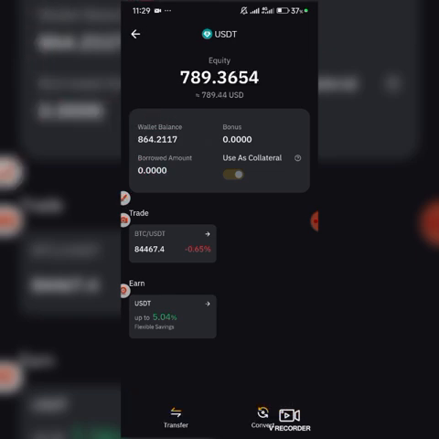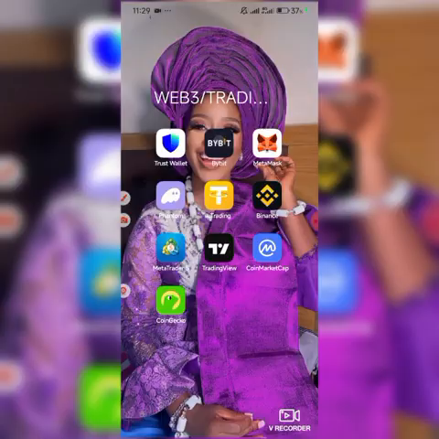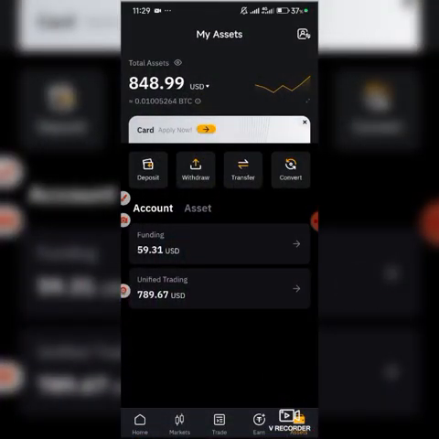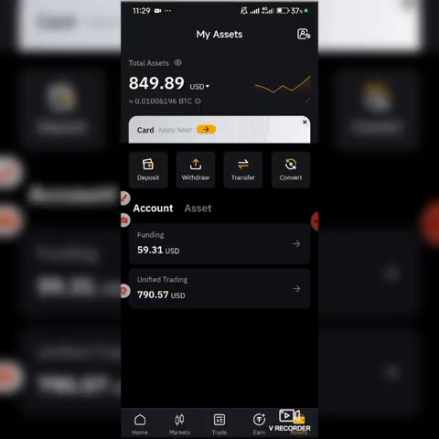So now I just transferred $45, $46 to my funding account. If I calculate my funding account with this one, everything altogether is around $910. Then how much did I start with? Everything altogether is $615 plus my initial capital.